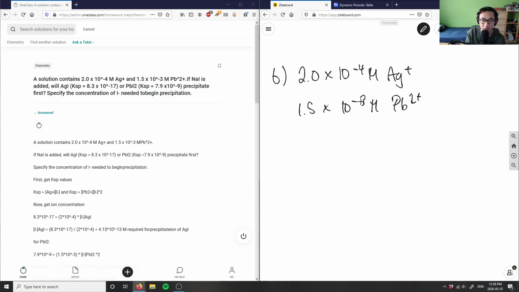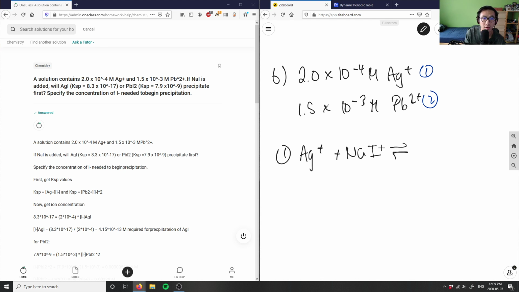So what I can do is, again, write the chemical equations down. I'll write Ag+ here. This will be 2 chemical reactions, so this is 1, 2 here. Number 1 would be Ag+ plus sodium iodide, which could be in equilibrium, very much so.